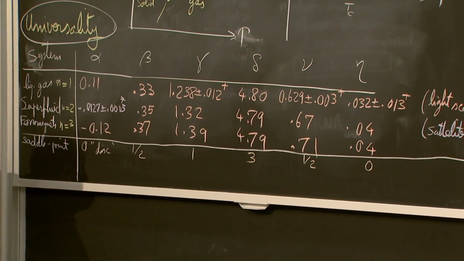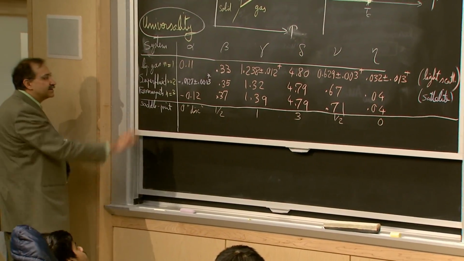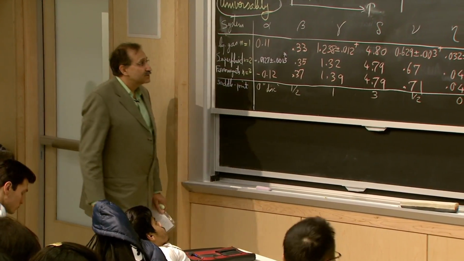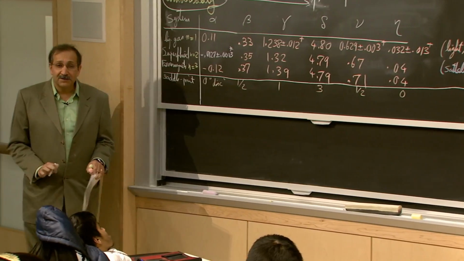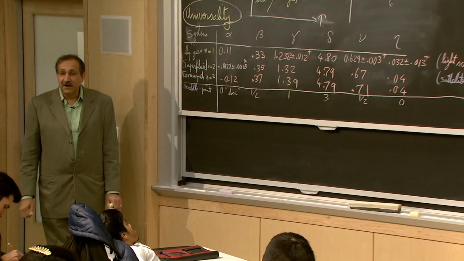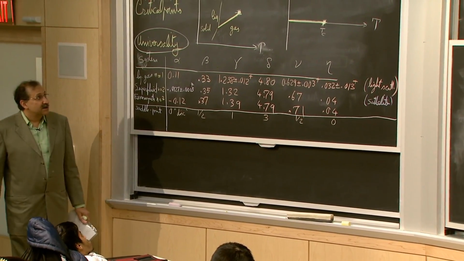So the question is, what should we do? We made an attempt, and that attempt was not successful. So we are going to completely, for a while, forget about that and try to approach the problem from a different perspective and see how far we can go, whether we can gain any new insights.